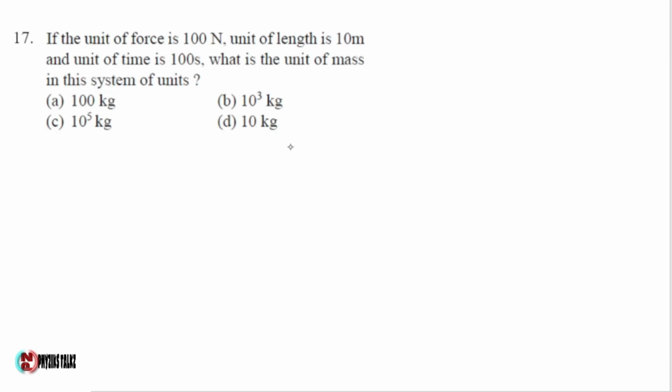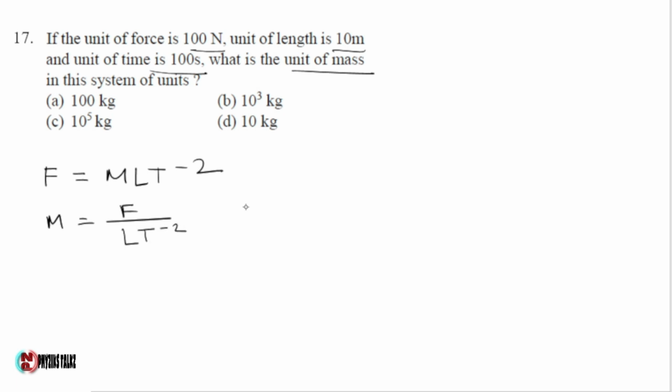Next question. If the unit of force is 100 Newton, the unit of length is 10 meter, and the unit of time is 100 seconds, what is the unit of mass? Now we have F as M L T minus 2. Now mass is given by force by length times time to the power minus 2.